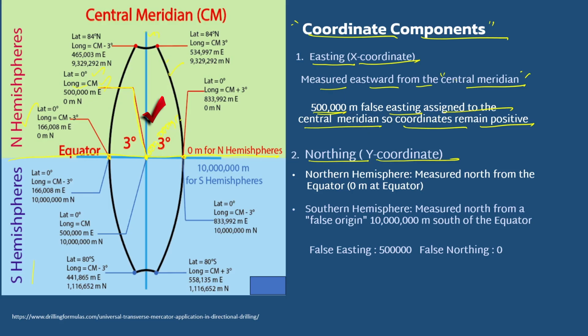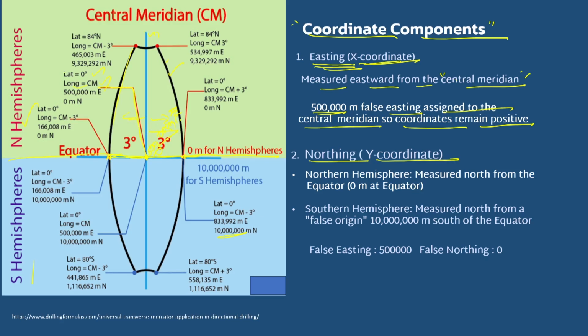This side is east, easting, the x coordinate, and this side west. This is for easting. When I say northing, from the equator in the northern hemisphere it starts from 0, and in the southern hemisphere it starts from 10 million. This complete zone runs from the central meridian minus 3 degree to plus 3 degree.